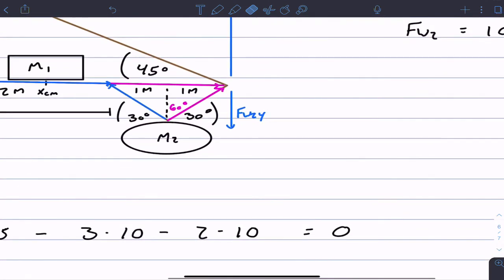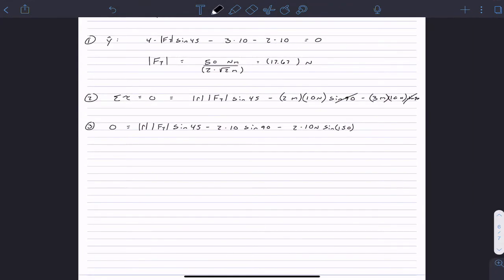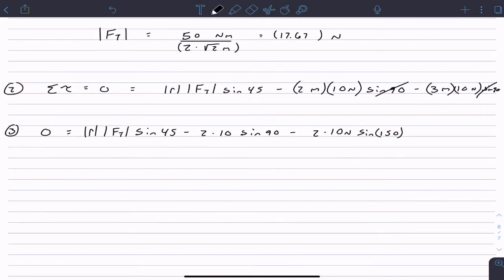Next, we're going to be using this 30 degrees, 4 meters, force, sine of 30 between them, which gives us minus 4 times 10 newtons, sine 30. So putting all this together, we get F_T is equal to, sine 90 is 1, right?